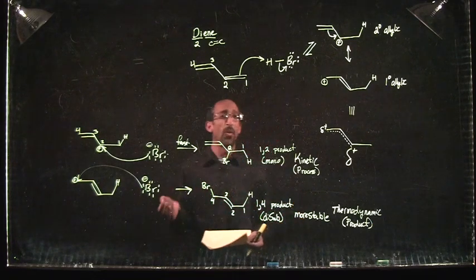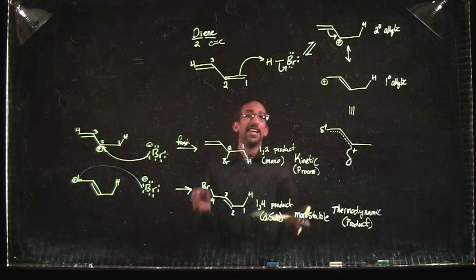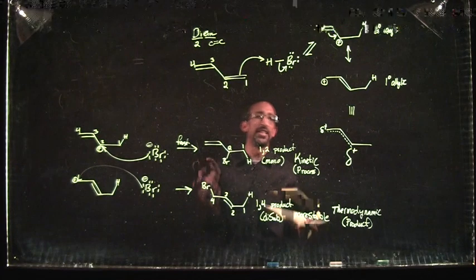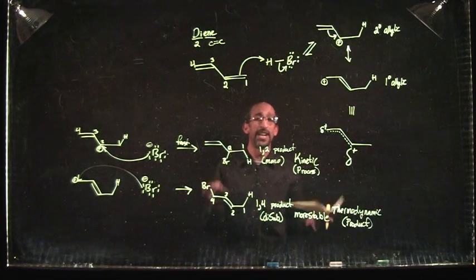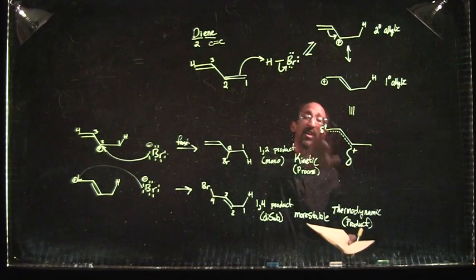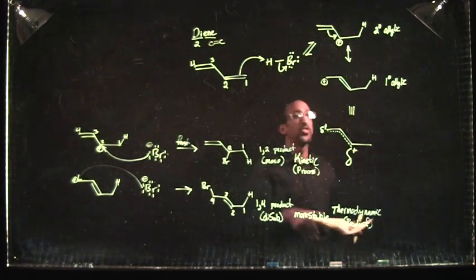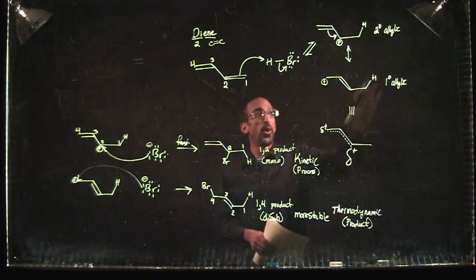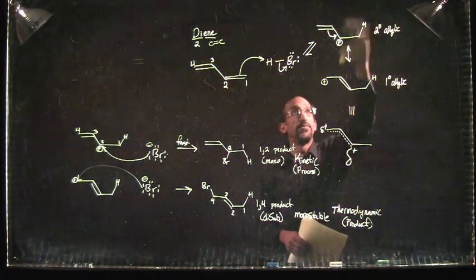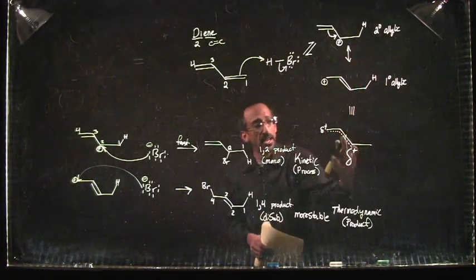The last thing that I want to say in terms of 1,2 and 1,4 addition is you never know which one's going to be kinetic and which one's going to be thermodynamic. You need to do this resonance hybrid analysis from your initial carbocation, draw the resonance structures, and see which one is the better resonance structure. In our example, the secondary allylic was better than the primary allylic.